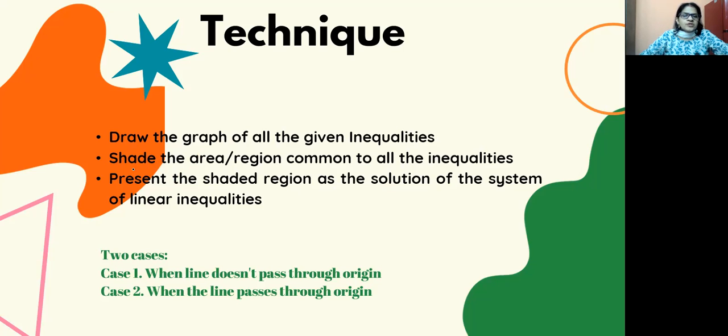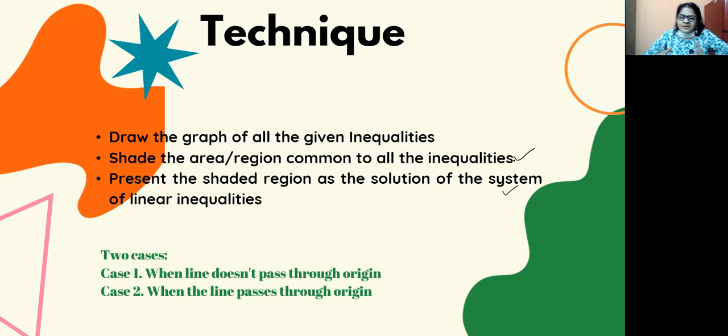Okay, so second step here, shade the area or region common to all inequalities. Okay, so that we will be studying. Third, how to present the solution of the system as the shaded region. Okay, so these two things we will be discussing along with drawing graph of the system, graph of the linear inequalities.